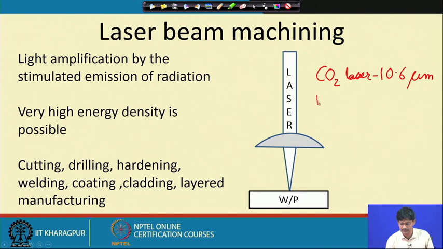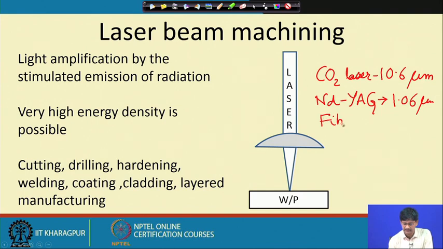It also includes the Nd, neodymium YAG, yttrium aluminium garnet laser, which is at 1.06 microns. Okay. And recently the fiber laser, almost at the same frequency. The diode laser, these lasers are coming up, which are extremely versatile and they can be used for a number of applications.